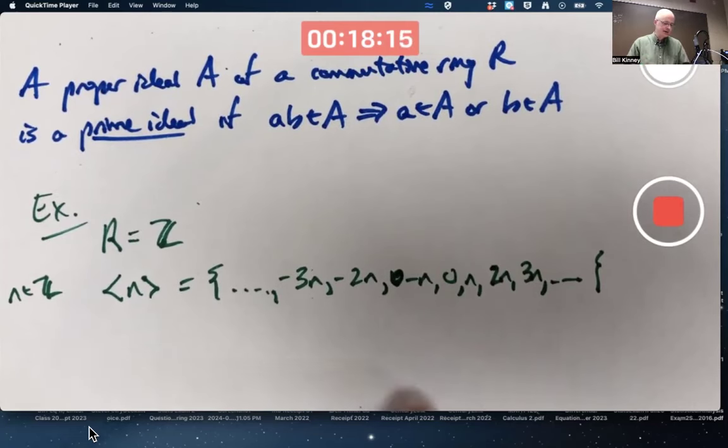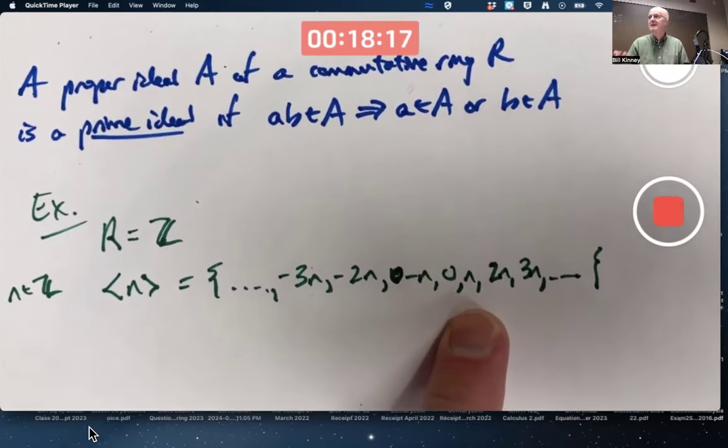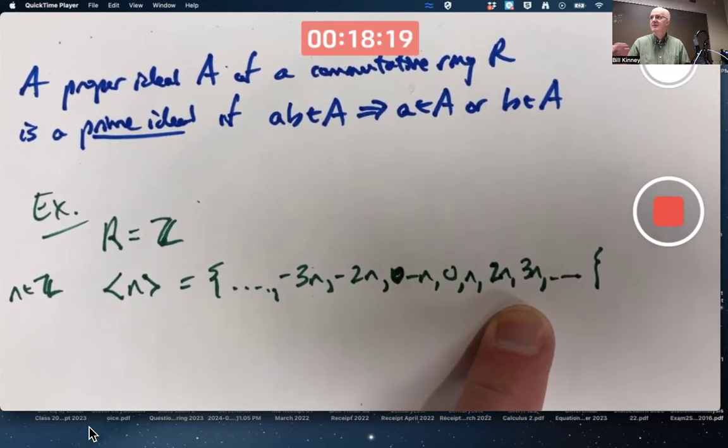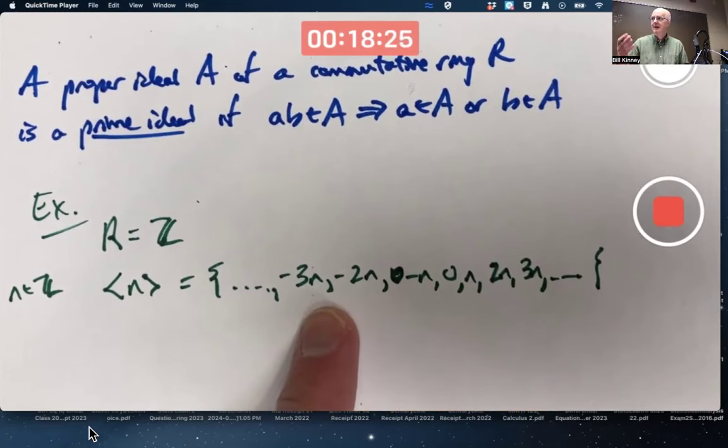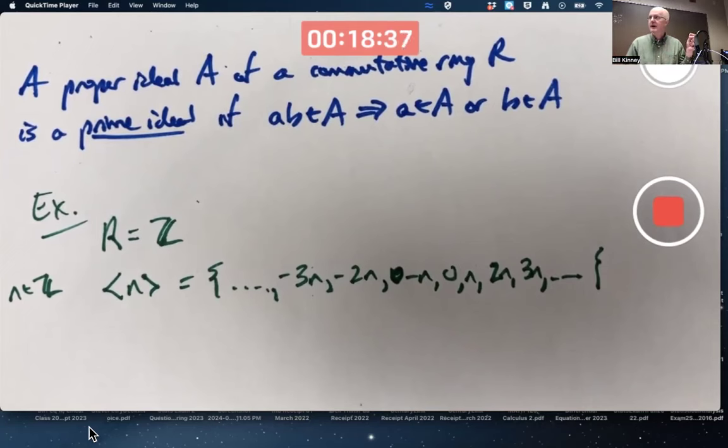So I get, for example, n is 1 times n, 2 times n, 3 times n, 4 times n, etc. 0 times n, -1 times n, -2 times n, -3 times n. I'm taking arbitrary integers and multiplying them by n, I still get another integer. That is still a multiple of n in the ordinary sense. Just like I'd get if I added n to itself over and over again, also include 0, also add negative n to itself over and over again.